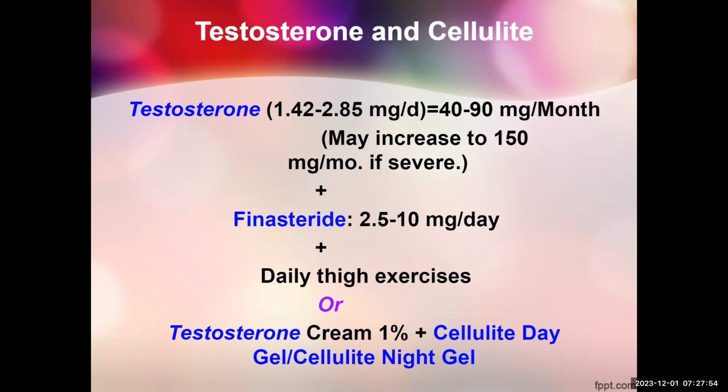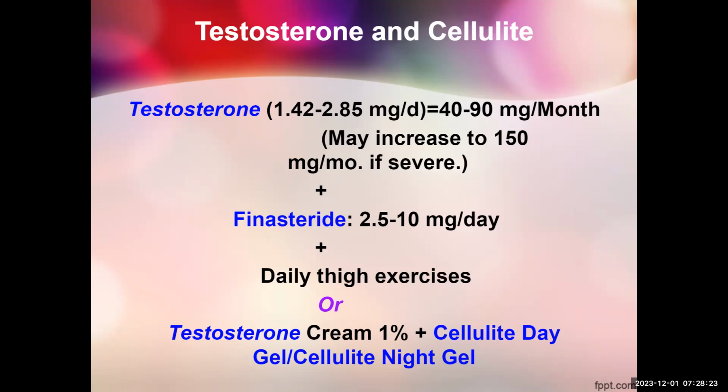Testosterone and cellulite: you can combine a cream with finasteride in pill form. And remember, 1.42 to 2.85 milligrams per day is the median to top amount that a female age 25 will make, that's the peak dose.